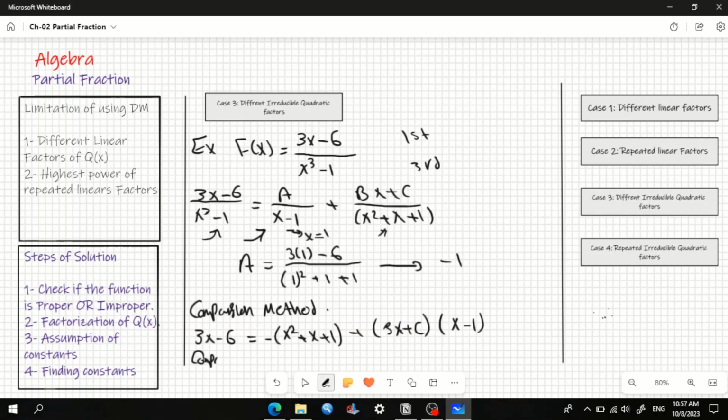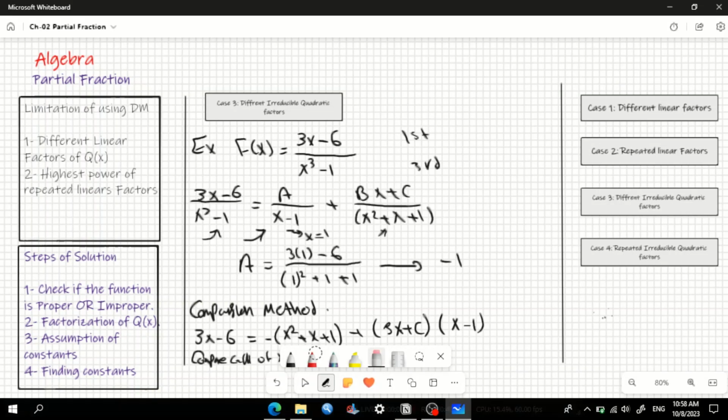Compare the coefficient of x squared. So just here we have 0 equal to -1 plus b, sorry for this.